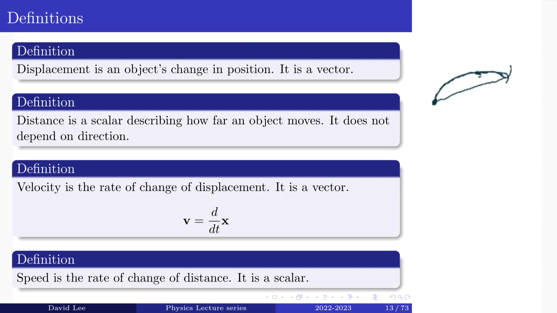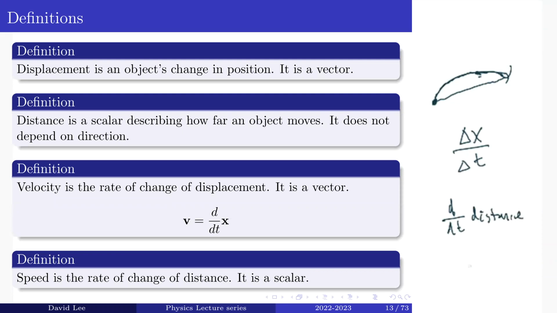And I guess if you don't know calculus, then just think of it as the difference in position divided by the difference in time. The speed is very similar, but it's the derivative of distance.